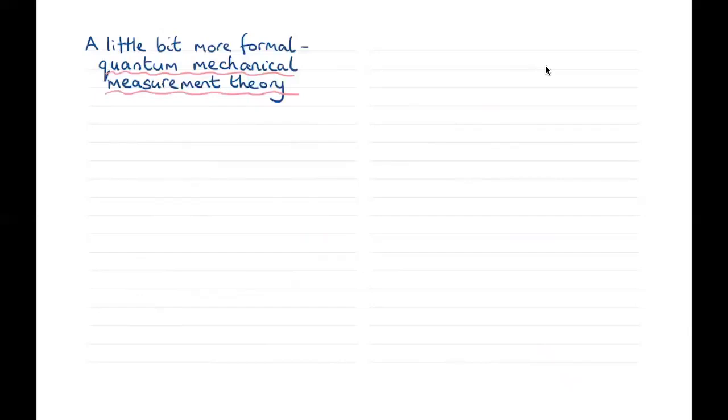Quantum mechanical measurement theory tells us that there's a fundamental difference between cases in which the wave function is an eigenfunction of the operator for the observable of interest.